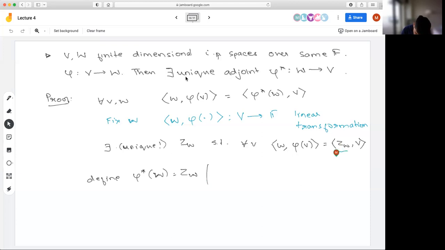Are we done? Or do we need to prove anything else? We just defined this phi star of W, and in fact, we defined it uniquely because for every W, there exists a unique ZW. So we give a unique definition of this map, which does what we want.